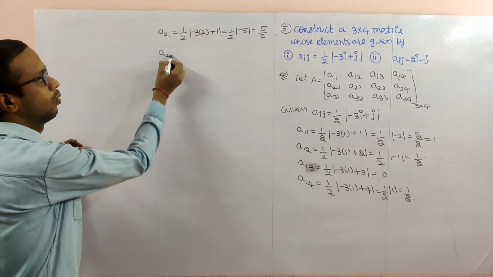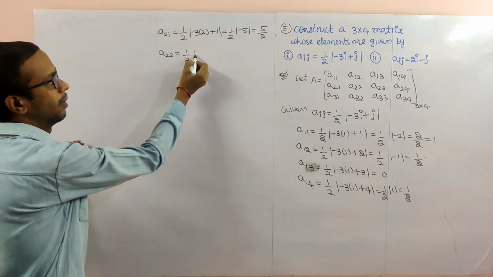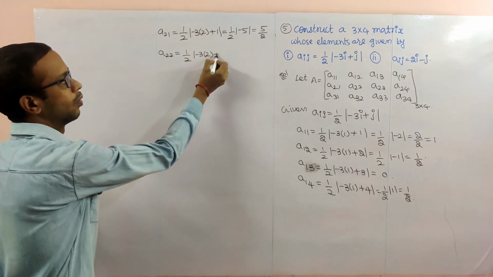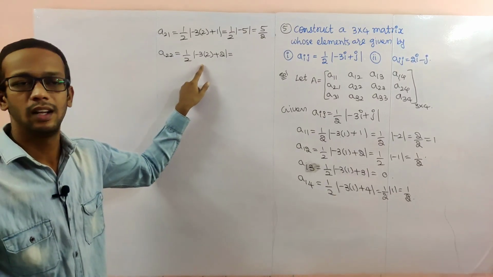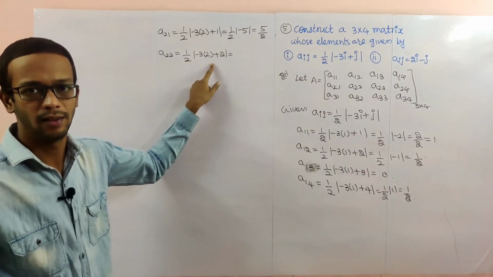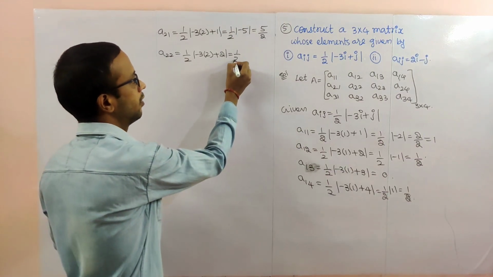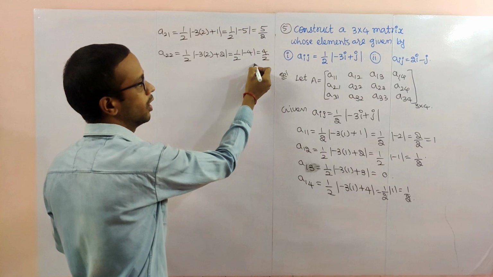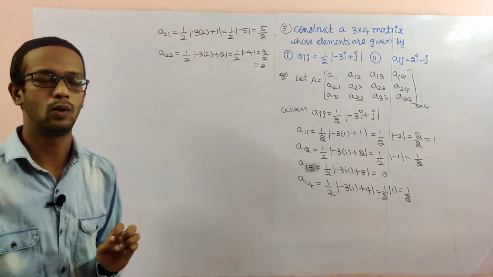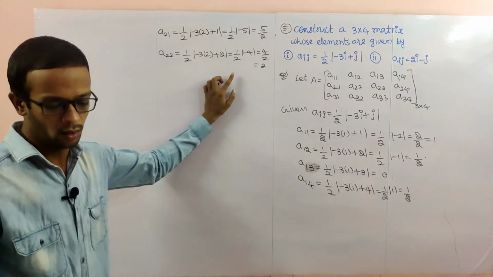Next A22: 1 by 2 mod minus 3 into 2 plus 2. Minus 6 plus 2 is minus 4. So 4 by 2, mod minus 4 is 4, 4 by 2 is total 2.